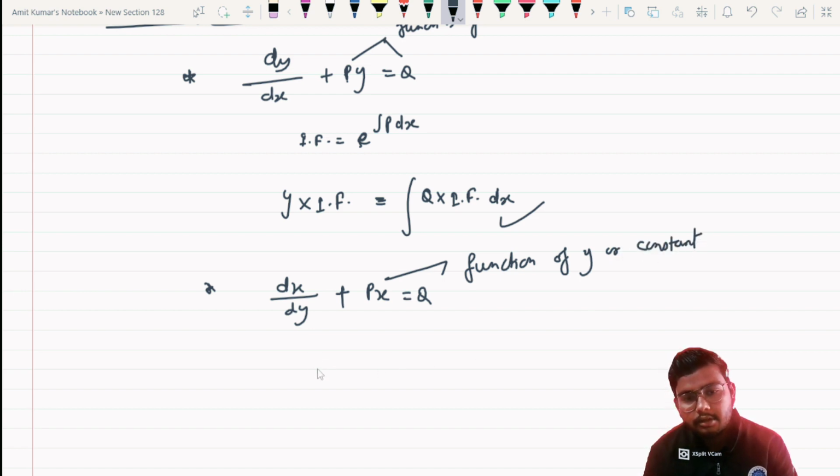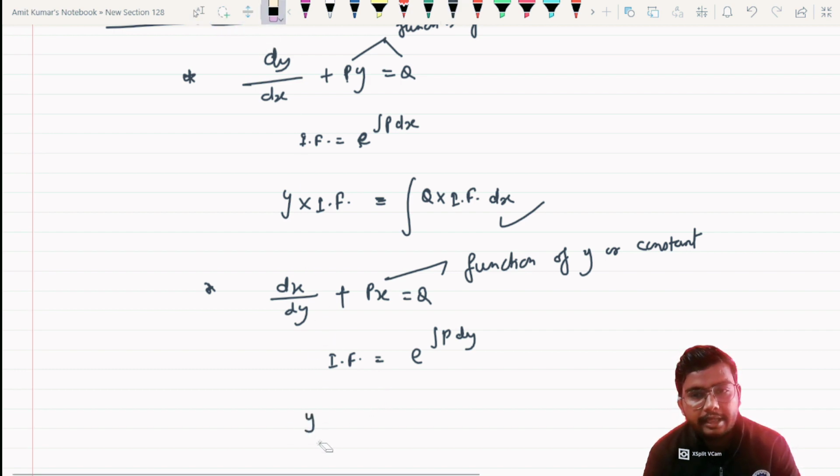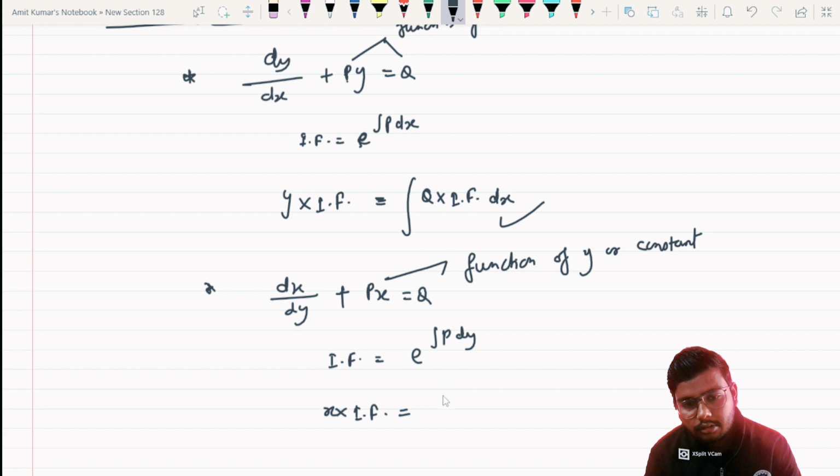In a similar way, you will find the integrating factor. We can write e to the power integral of p. Now we are differentiating with respect to y, so here we will write dy. And in place of y you will write x: x into integrating factor equal to integral of q into integrating factor.